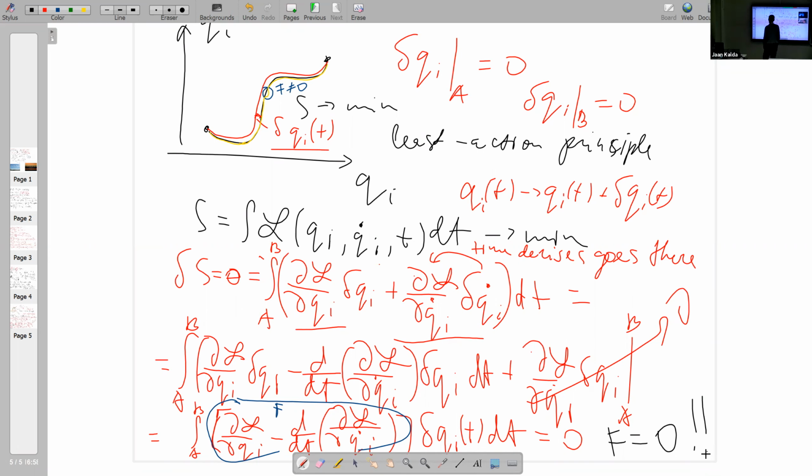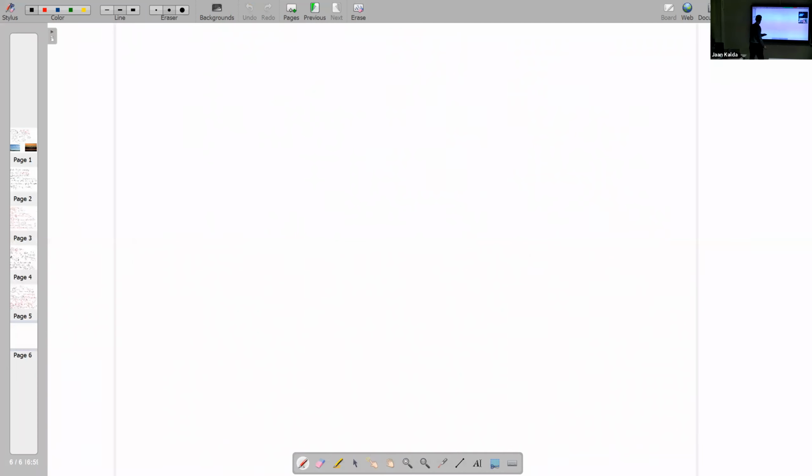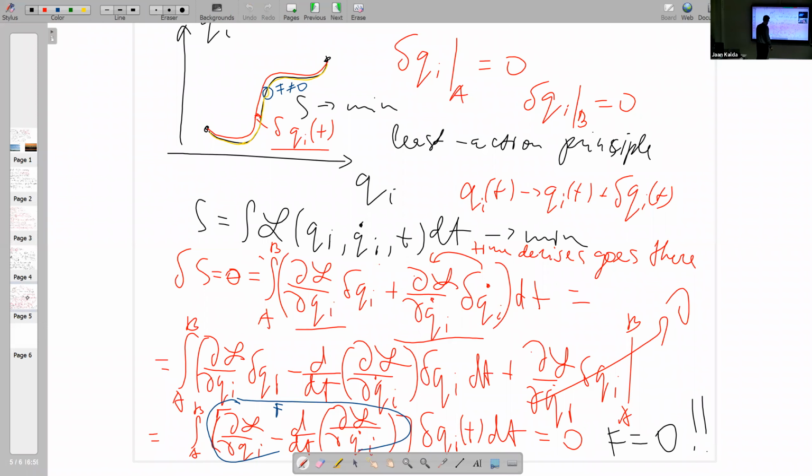And that's where the Euler-Lagrange equation comes from. So finally we could have taken this and copy-pasted it over there. Let us see if we can make it.